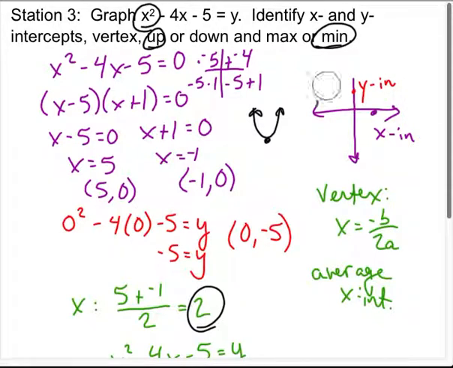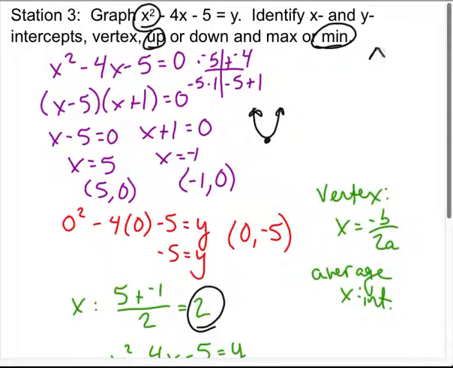I think I'll use my space right here. So I know that my vertex was at negative 9 on the y-axis, so I'm going to make my axis fairly high so I can get down to negative 9.